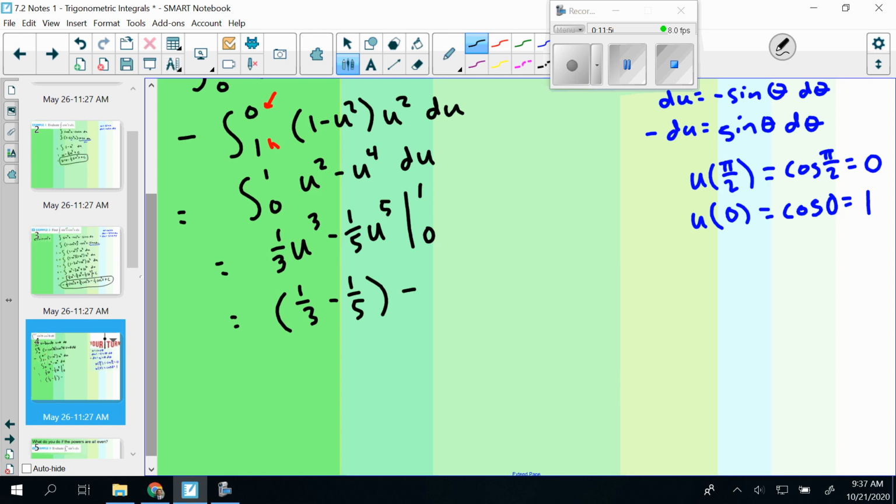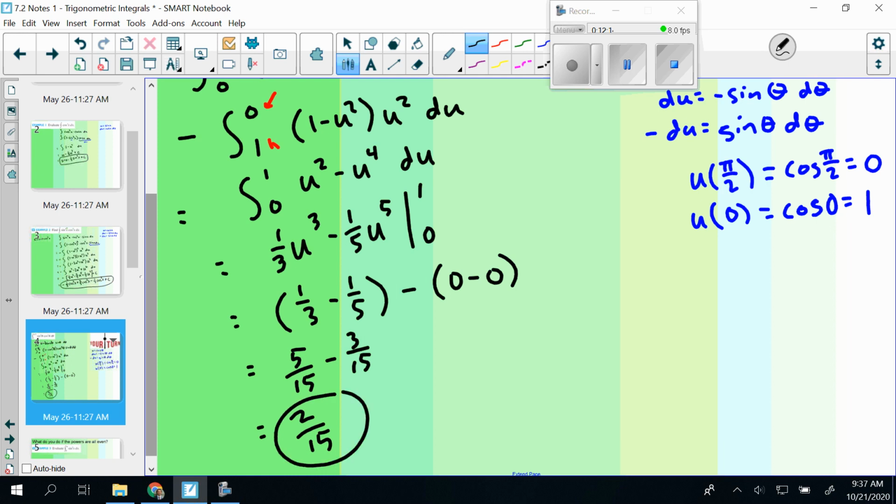If we put in 0, both are 0. So now we just got to figure out what's 1/3 minus 1/5. Get a common denominator, which would be 15. So 5/15 minus 3/15. And the final answer is 2/15 would be the exact answer on this problem.